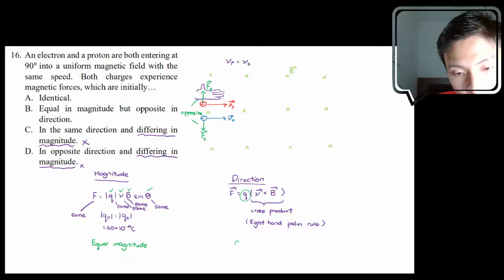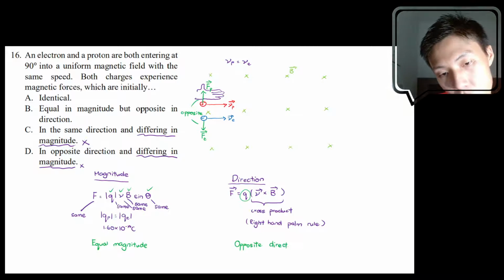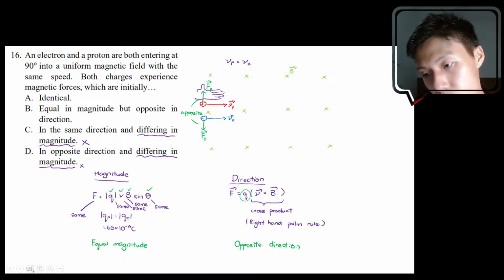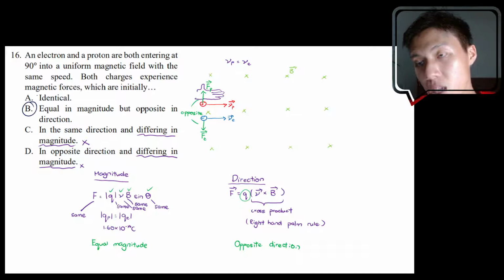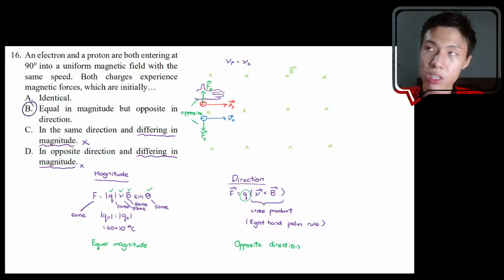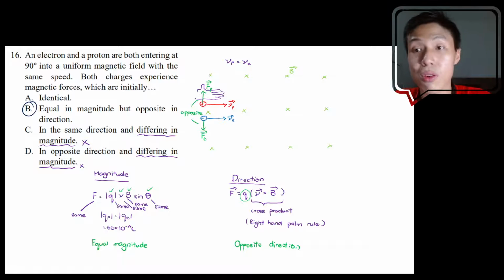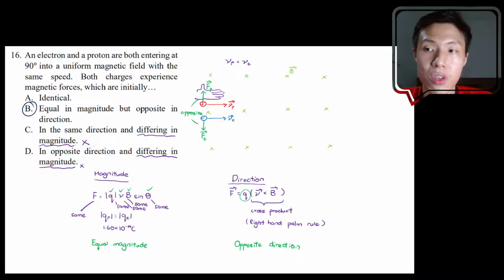Okay, so it's equal magnitude but opposite direction. So from our discussion right now, we can immediately take our answer as B. Okay, this is very similar to your individual assignment question. Okay, so this is how you should explain the whole situation.